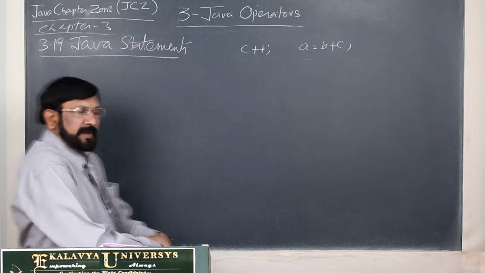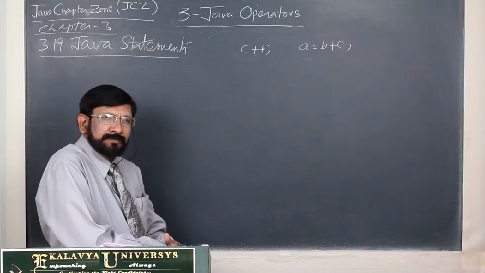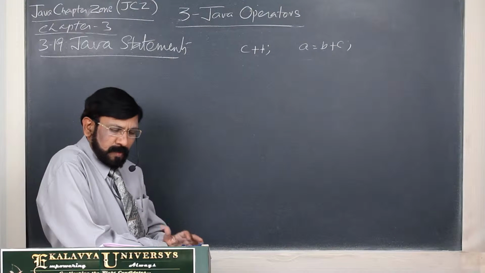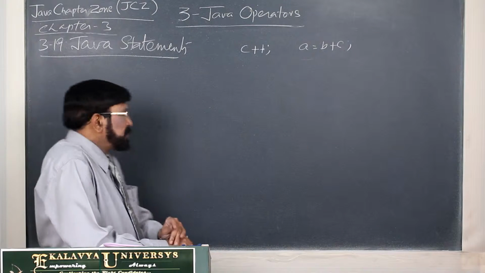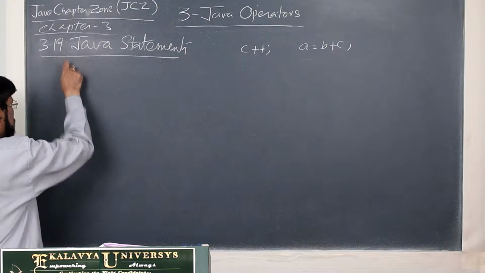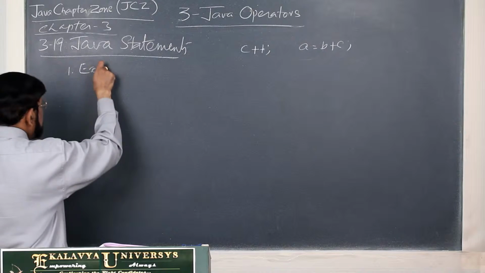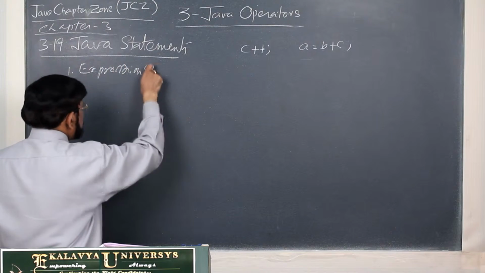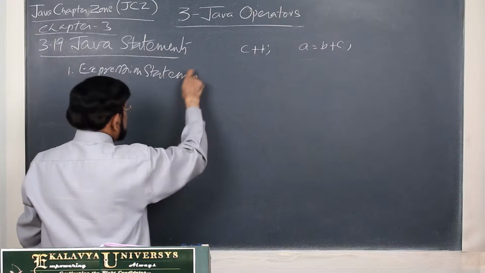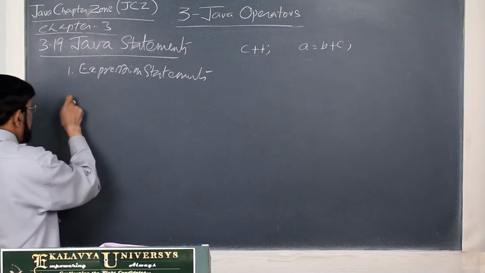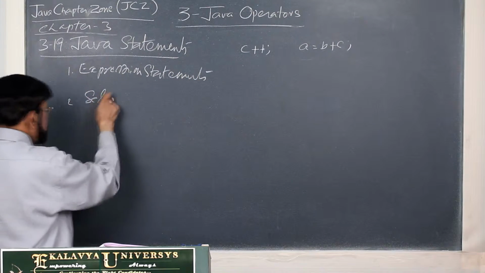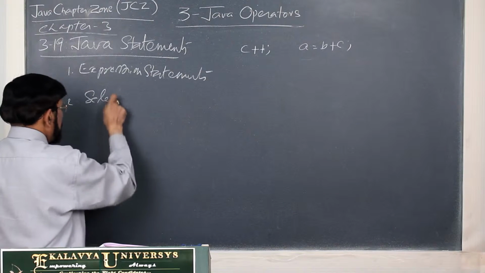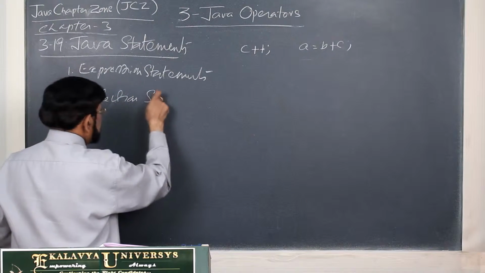Now we can write several types of statements in Java. There are totally 6 types of statements. First one is expression statements. Second, selection statements.